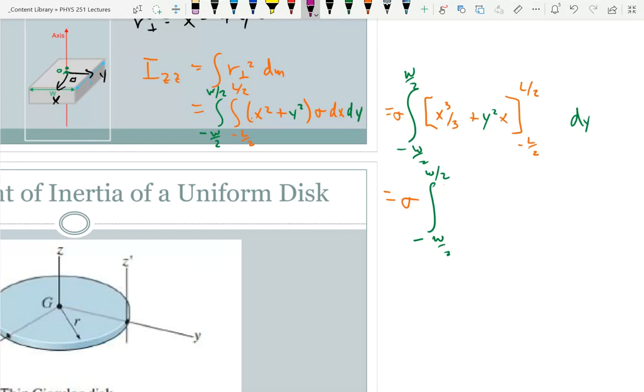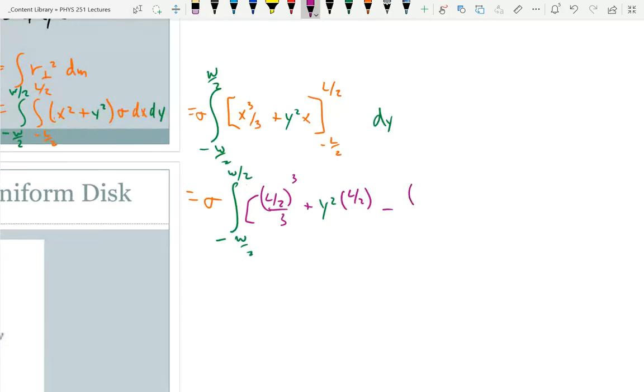Changing to a different color. So then we got L over 2 cubed over 3 plus y squared... L over 2 minus... Can we change that to plus and just put L over 2 instead of minus L over 2?